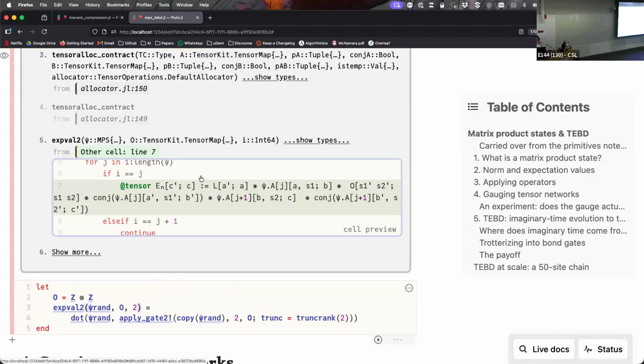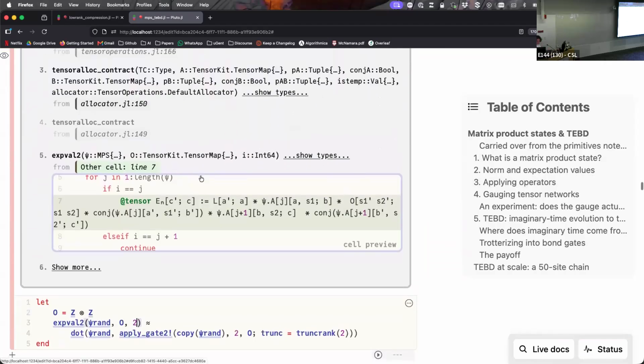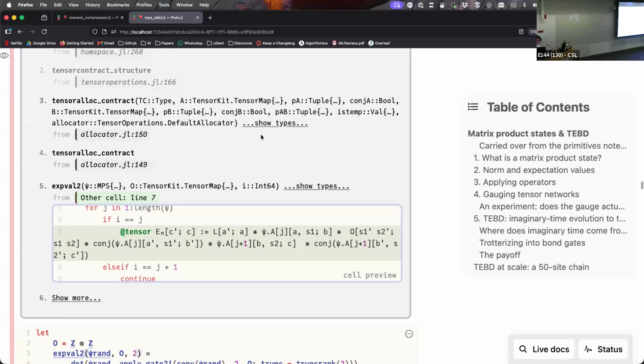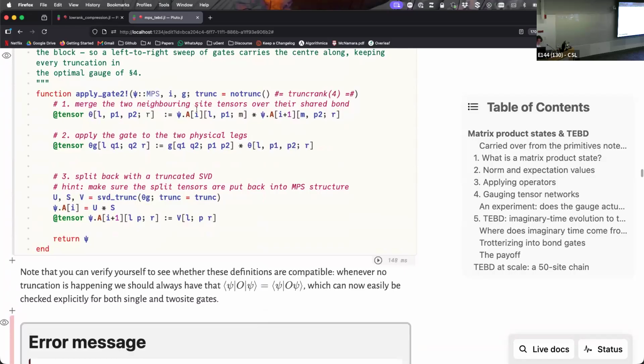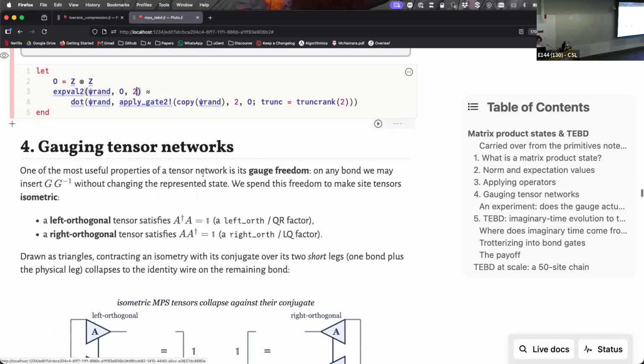While that runs... No, still nothing. I will debug this in a second, and then we'll go from there.